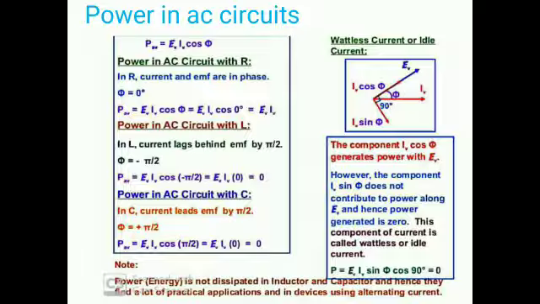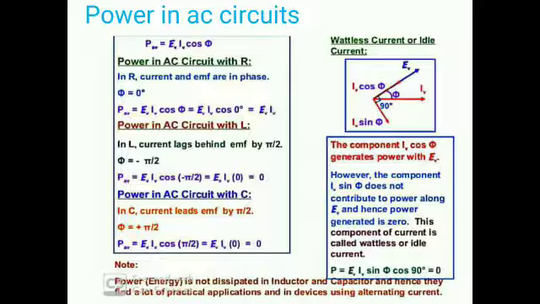P average is equal to E RMS I RMS cos phi. So phi is equal to 0, so cos 0 is equal to 1. P average is equal to E RMS I RMS. Now the power consumed in the resistance, or dissipated in the resistance, is P average equal to E RMS into I RMS.